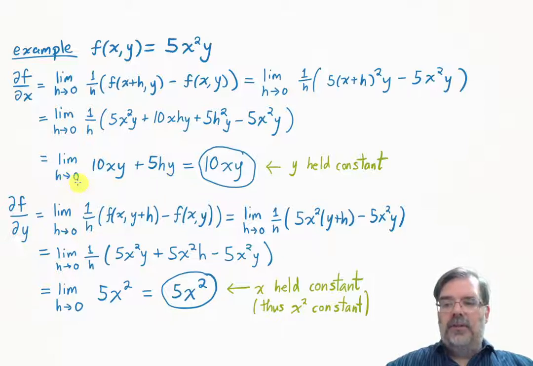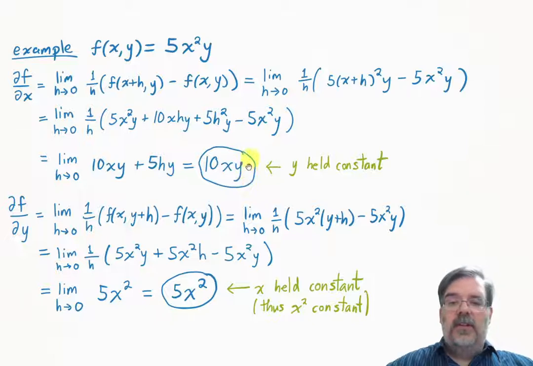The limit as h goes to 0 of 10xy plus 5hy. Now as h gets closer to 0, the second term gets closer to 0, or informally, you think of replacing h by 0, and this term disappears from the calculation, leaving you with 10xy. So this partial derivative of 5x squared y with respect to x is 10xy.